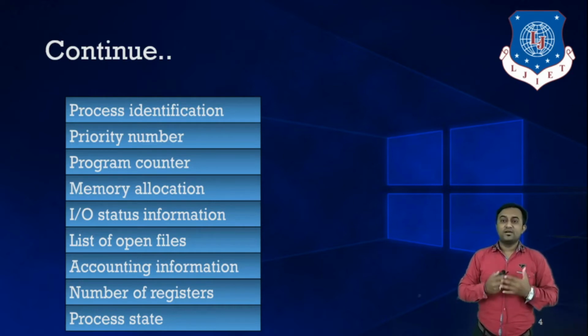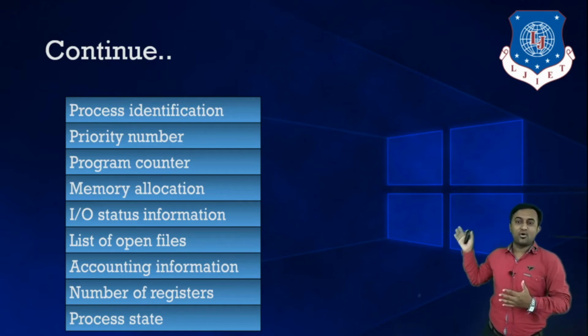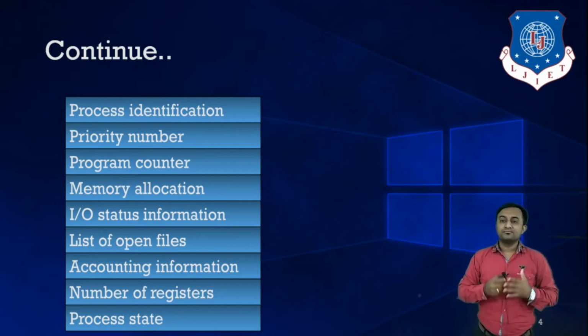So the first field of the process control block is process identification. This field contains one unique number with which we can uniquely identify a particular process in main memory. This is the significance of the process identification field.